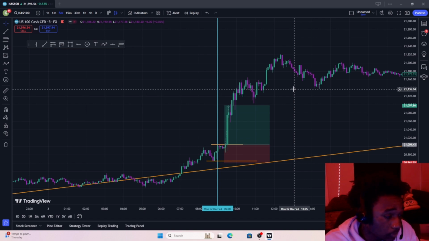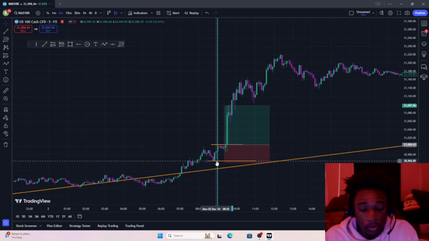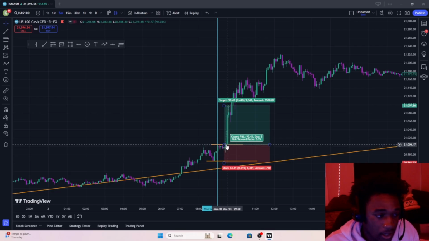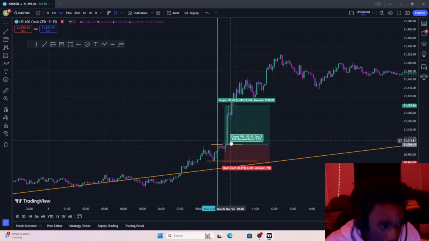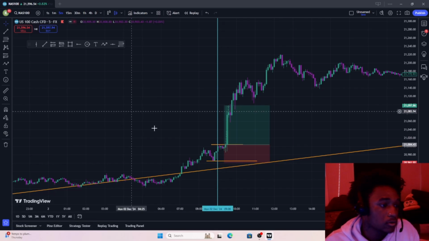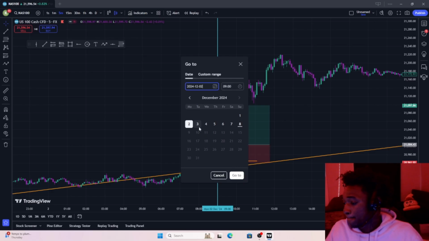So I go on the 5 minute, mark my resistance, mark my support, and I just look for a breakout in the direction the market is trending in. We know that the market was trending up. All I did was wait for a breakout at 9:30, which is market open, to the upside. We got that breakout, we enter a buy position, stop below the recent support zone, and we cash. So this is a pretty easy strategy. It's really simple too, but you guys just have to.